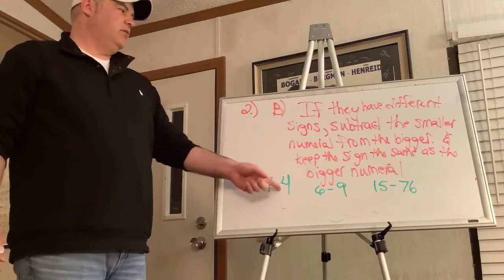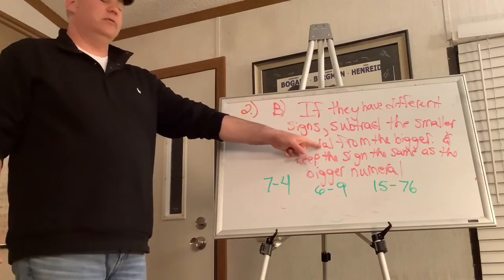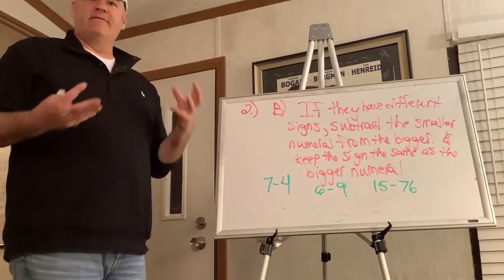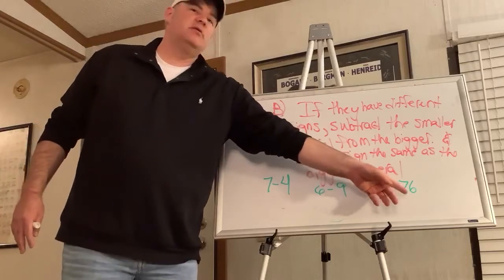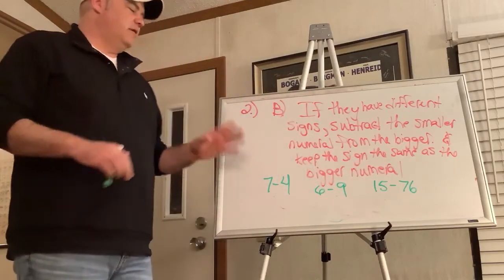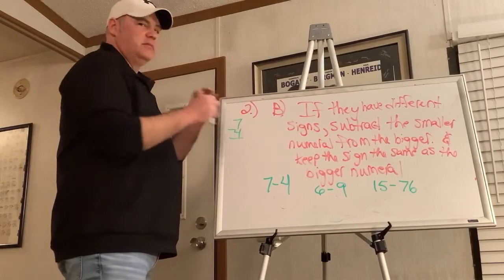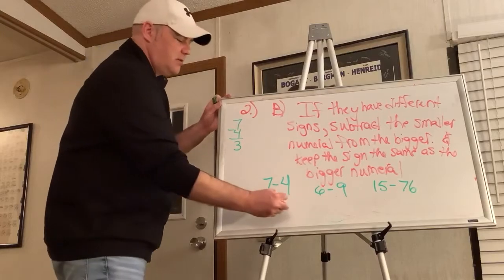One of them's positive, one of them's negative. So you're going to subtract the smaller numeral. The reason why I use numeral is when you're talking about values, this is a small value because it's negative 76. But if you just remember to go up here and subtract the smaller numeral, the number that's smaller, and get 3, okay, and you say, well, I already knew that was 3.